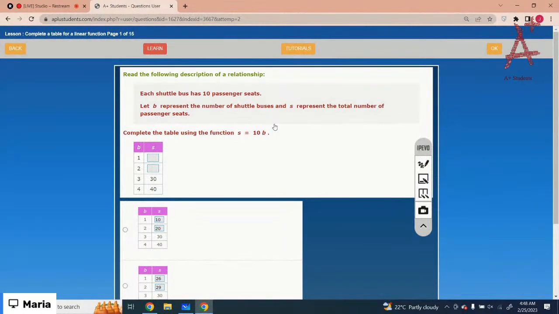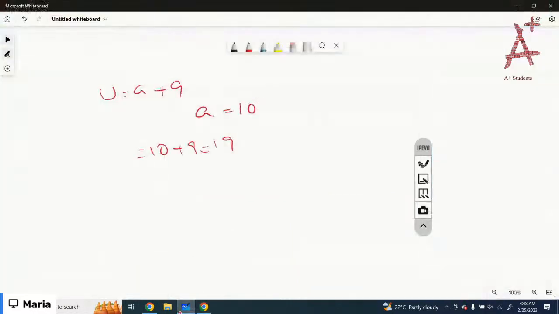Complete a table using the function s equals 10b. You are given the function s equals 10b, and you have to complete the table. Okay, let's just see the table.